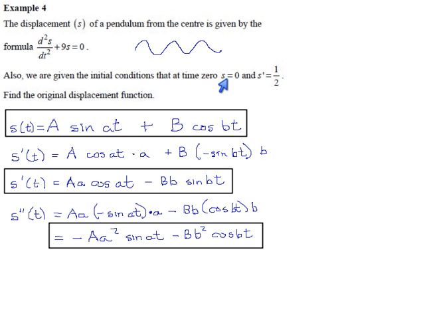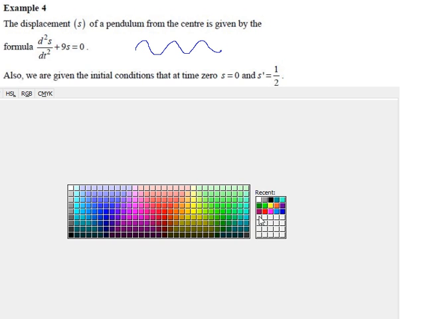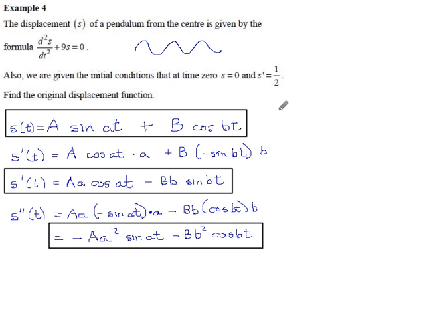What does that do for us? If t is 0 here, then we get big A sine little a times 0 plus big B cosine little b times 0 equals 0.